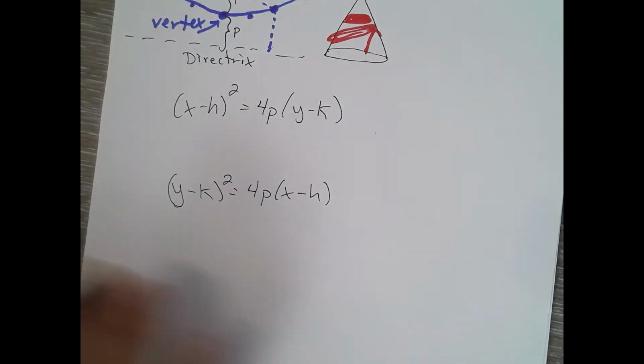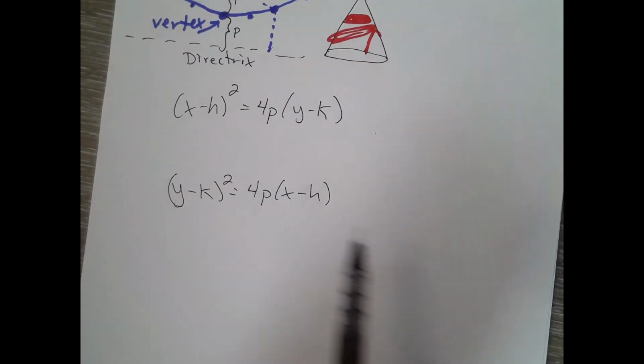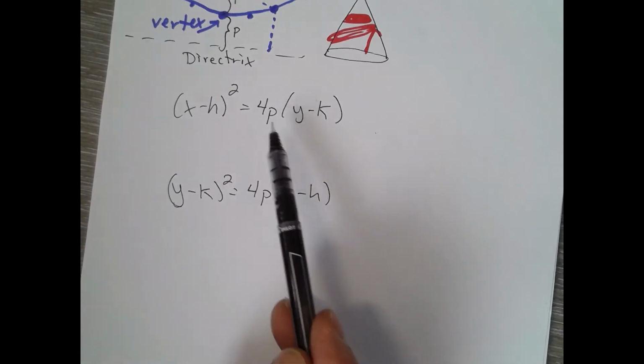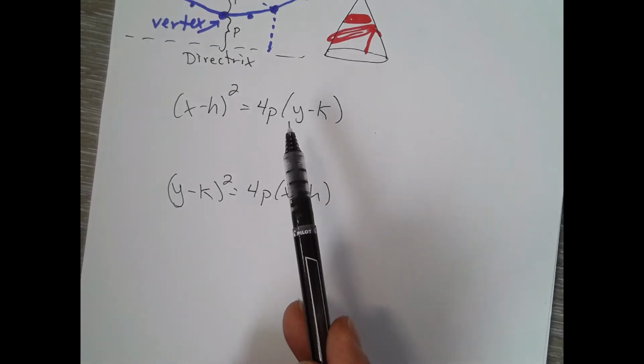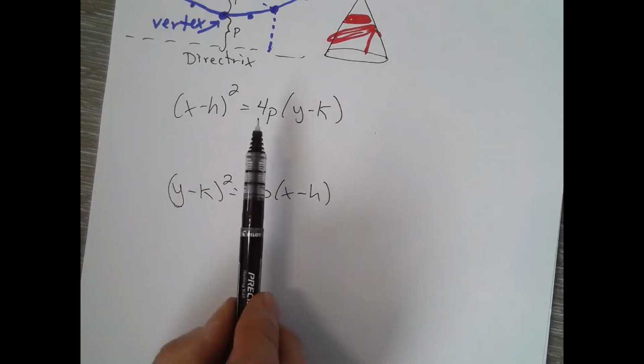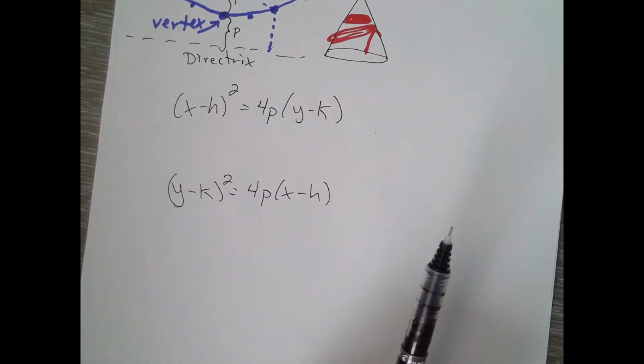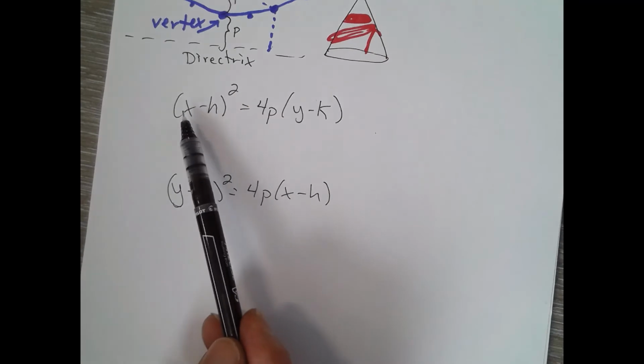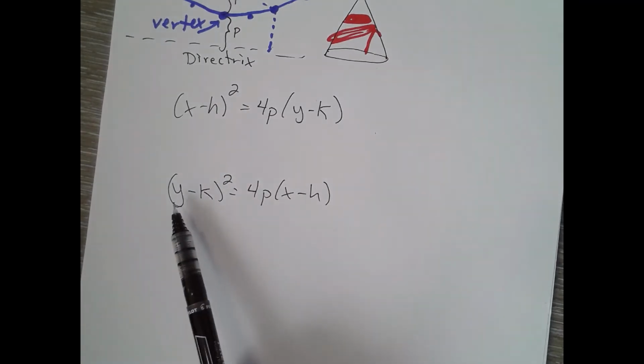So notice a couple things. The 4p is always on the non-squared side. So whatever's not being squared, the 4p is on that side of it. This has the x being squared. This one has the y being squared.